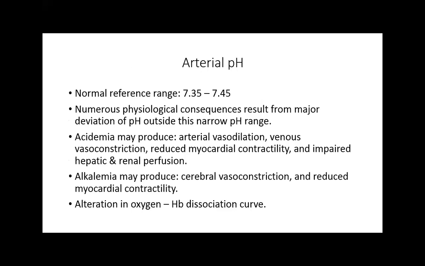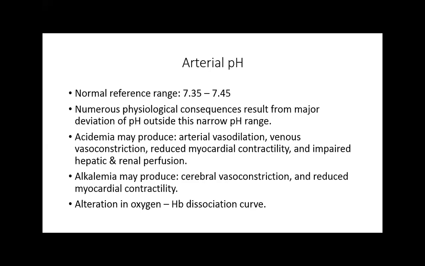So arterial pH in the normal range is 7.35 to 7.45, and it is kept within that range for the vast majority of time because of the impact of pH changes, not only in terms of what's given here, which are primarily physiologic changes with regard to tissues.